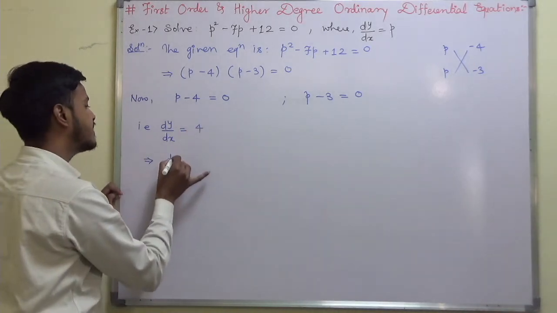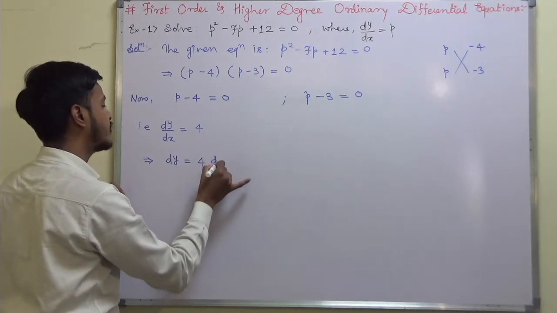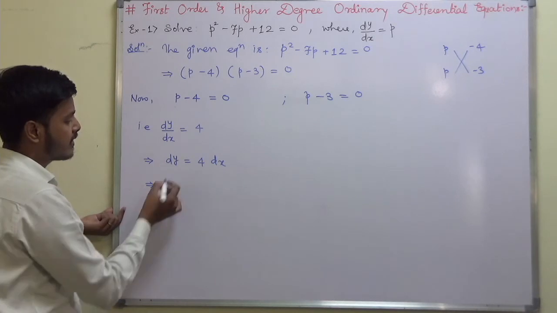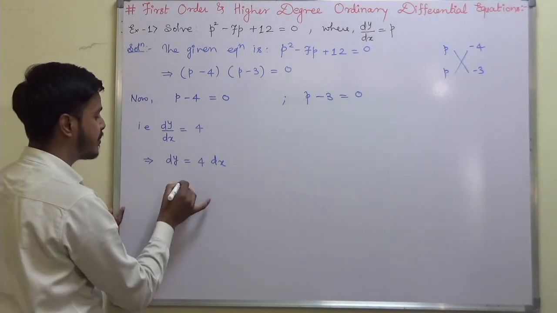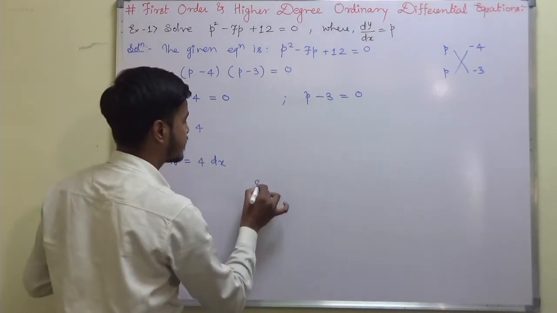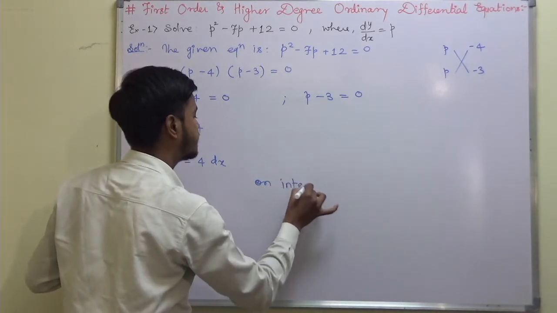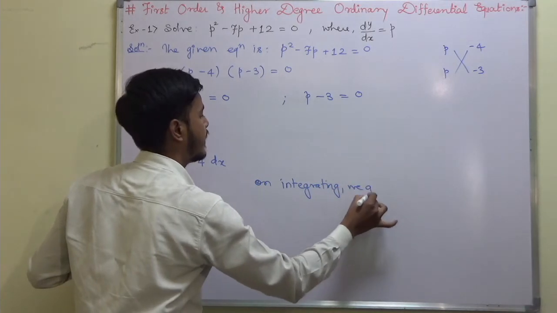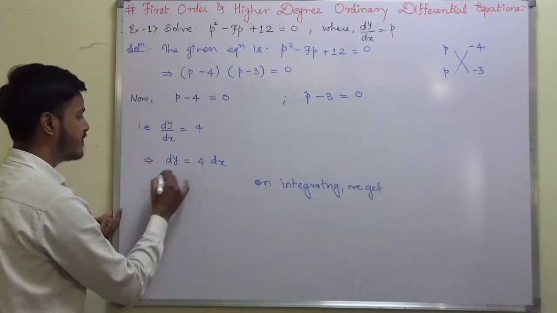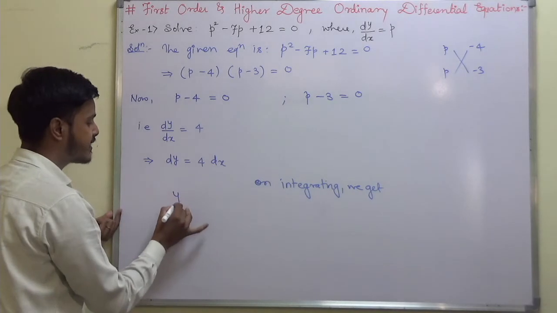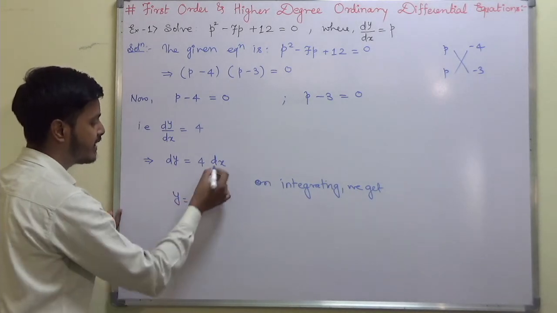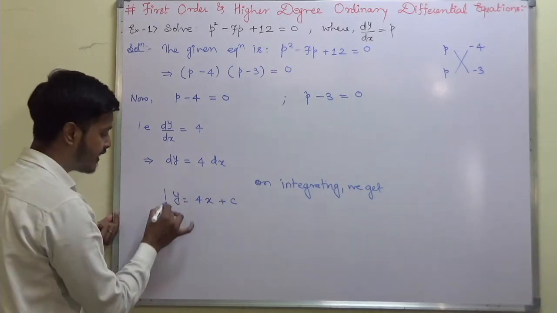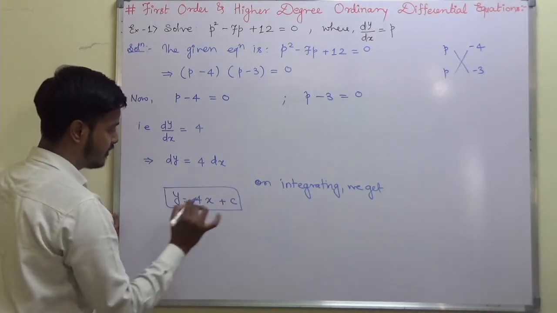So dy is equal to 4 dx, and now you can just integrate. On integrating, we get the integration of dy is y, and the integration of 4 dx is 4x plus c, where c is the constant of integration.